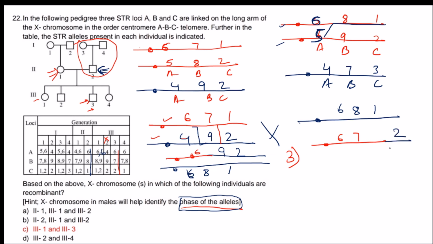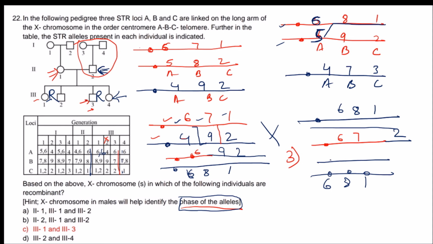So you can see here number 1 and number 3 are the recombinant. Number 1 and number 3 are the recombinant, whereas the last one, number 4, which is the female, will be having the 6, 8, 1 sequence as it is, because it will inherit one of the X chromosomes from the father and the other chromosome from the mother. So you can see 6, 7, 1.